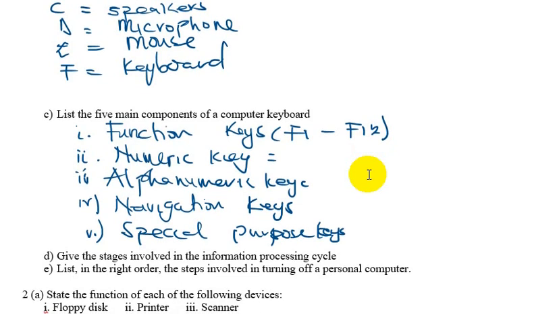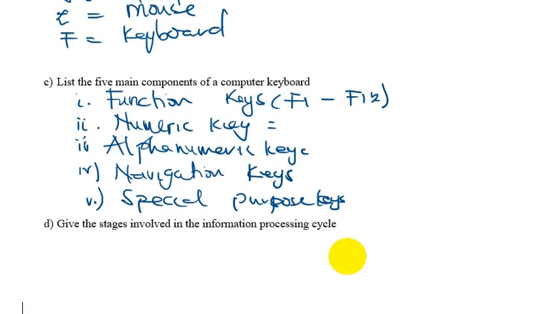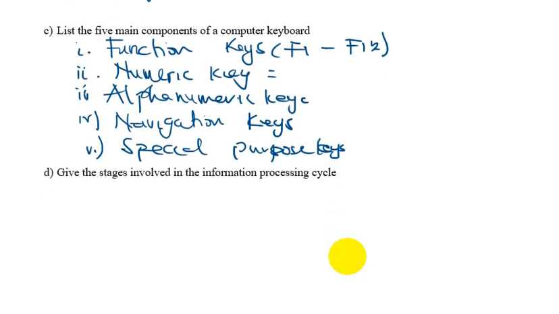Now our next one we want to look at is D. It says to give the stages involved in the information processing cycle. As far as that is concerned, we have the input, and from input we go to processing.